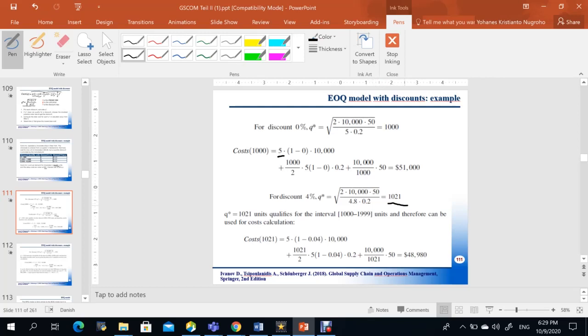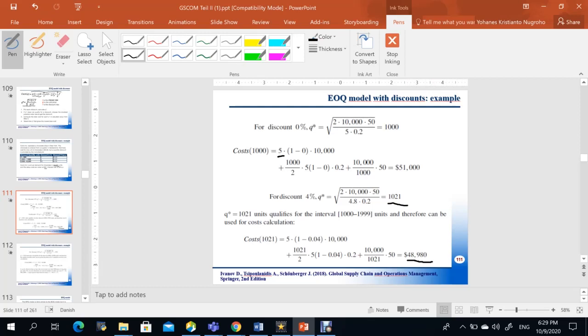Since 1,021 is between 1,000 and 1,999, it is valid for cost calculation. And then we have finally 48,980, which is lower than ordering without discount.